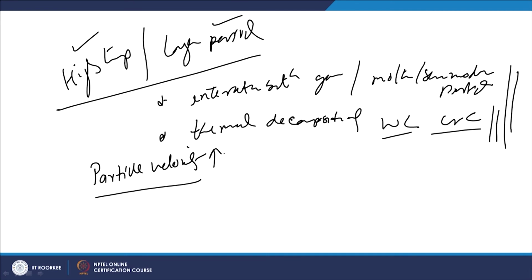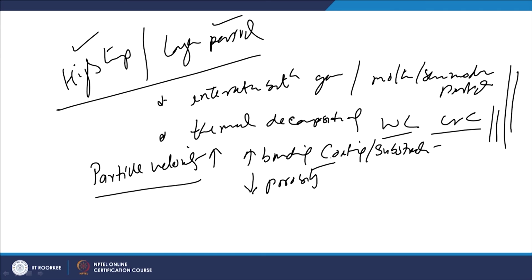if the particle velocity is increased, then we will be finding increased bonding between the coating and substrate. This will be reducing the chances for the porosity, and this will be in general increasing the quality and the soundness of the coating.